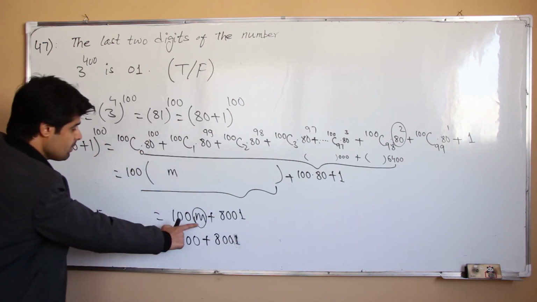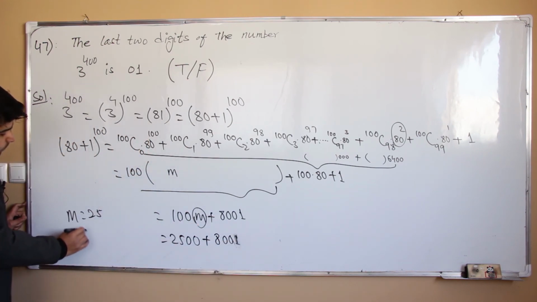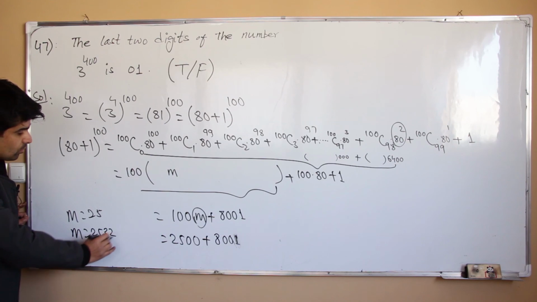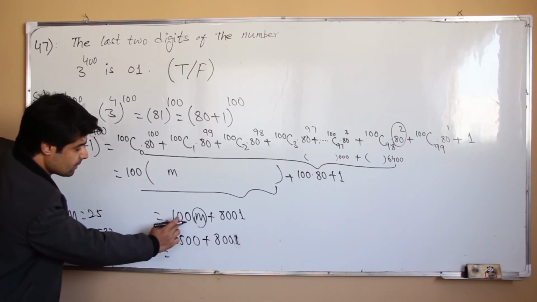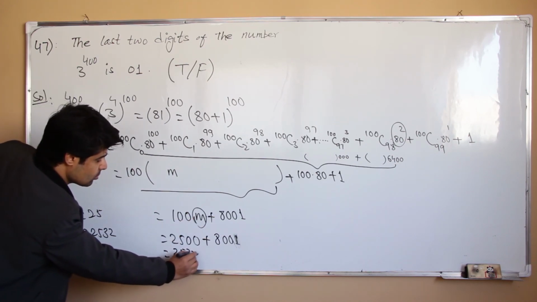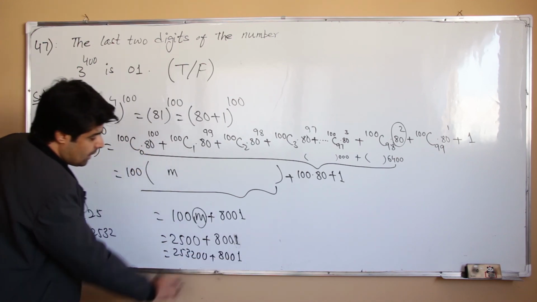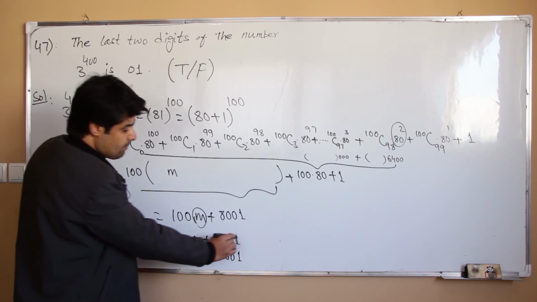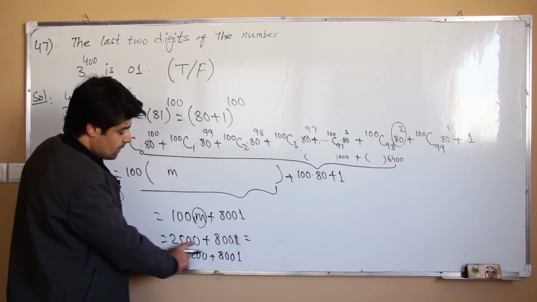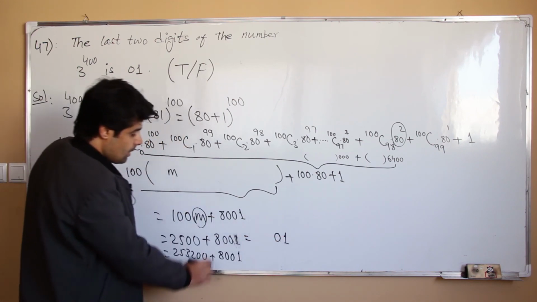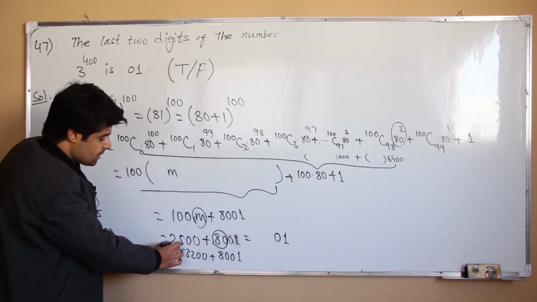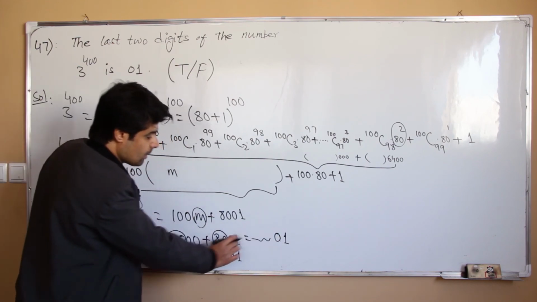8001. Or maybe this is a number, for example 2532. So it is 2532 with this one, 253200 plus 8001. Now what do you think? If you sum this 01 with this one, it is 01, and this 80 with this remaining part, there is something.